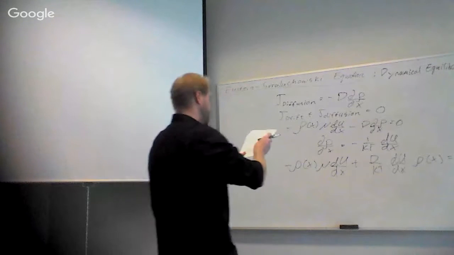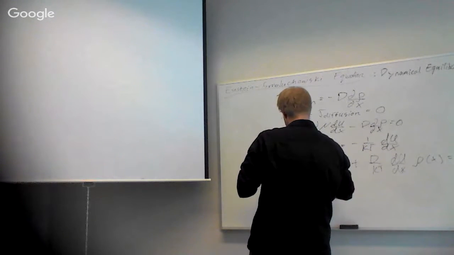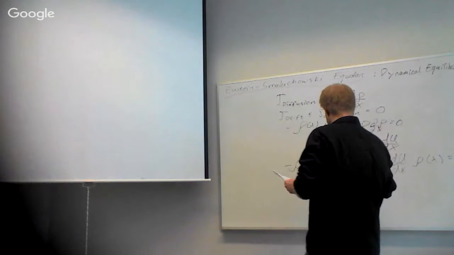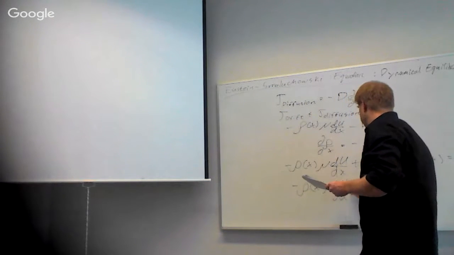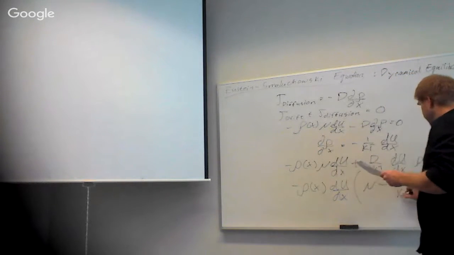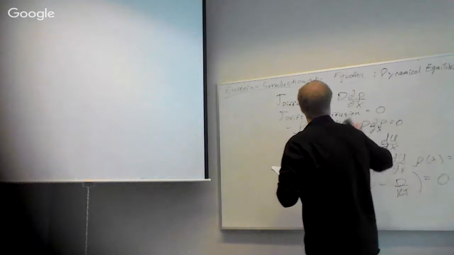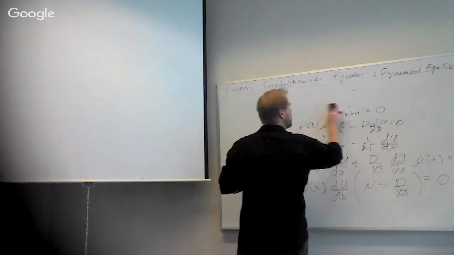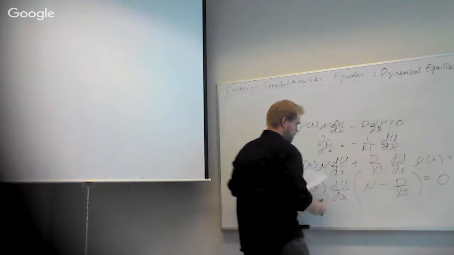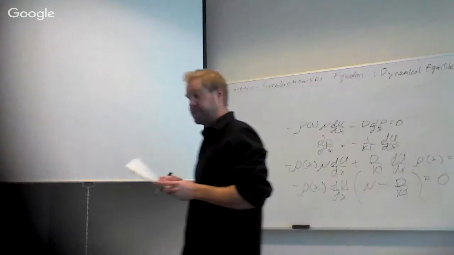Okay, and now we can factor some stuff out here. We can factor out negative rho of x du dx. We multiply that by mu minus D over kT equals 0. And what is the non-trivial solution to this equation?